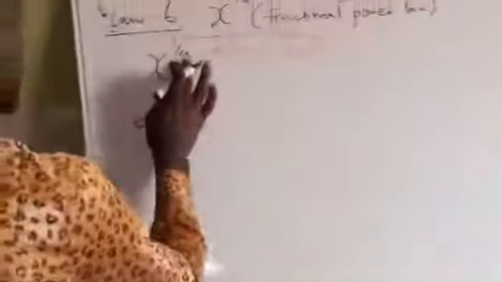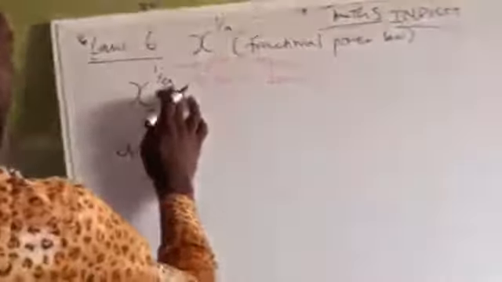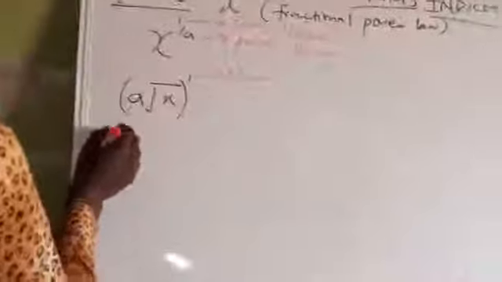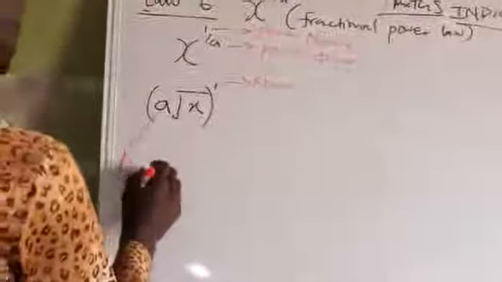What do I mean? We have the power, that is the denominator power here is a, and now we are having a root x, all brackets of what? 1. Now can you see here, this one was my numerator and this a is my denominator.